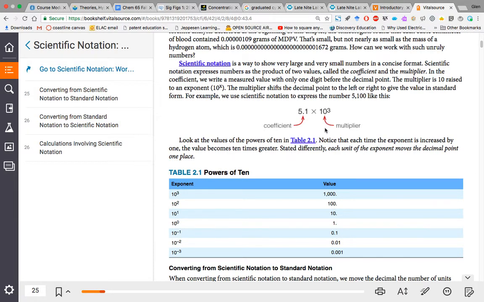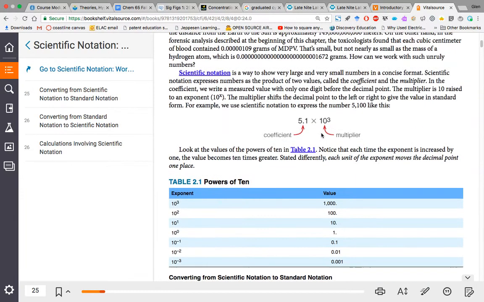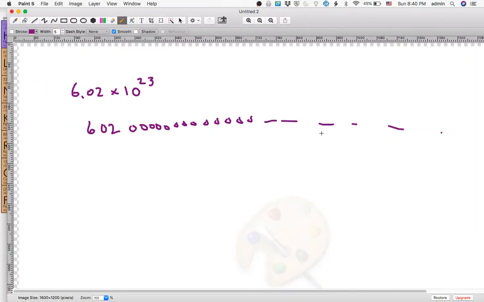The other reason is for very small numbers. Very often, we're going to see numbers like this in our class. What is this? There are three zeros between the dot and the first non-zero number. What does that even mean? This is a number that is so small it's hard to work with.